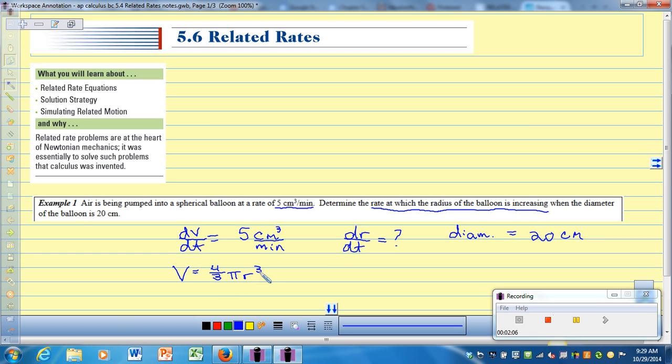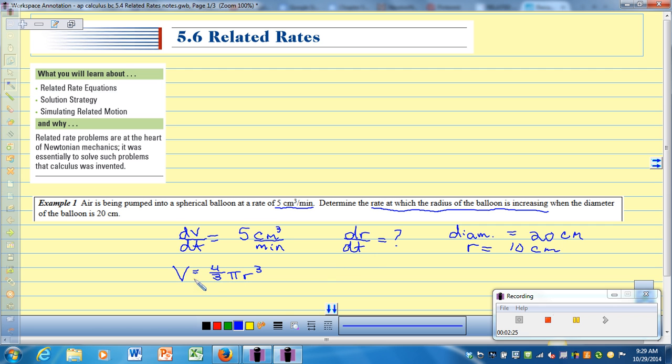Good. So if I can take the derivative of this function, then I have some information I can use. dV/dt is 5. Diameter is 20, so of course that means our radius is 10 centimeters. And we need to find dr/dt.